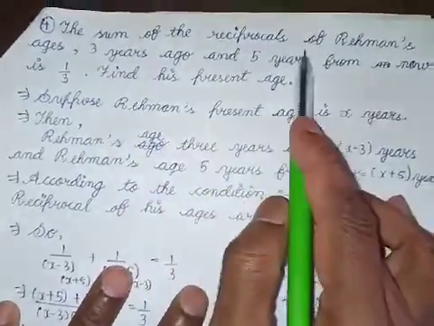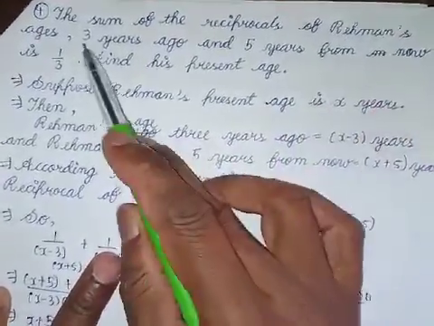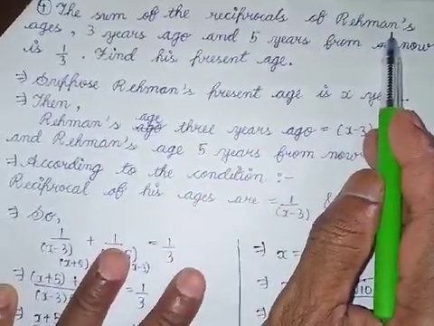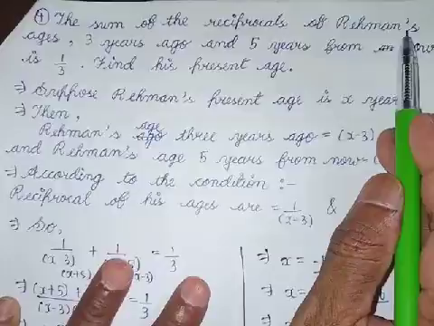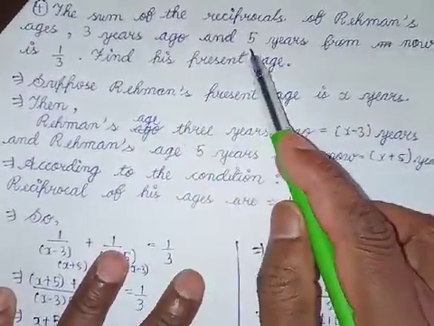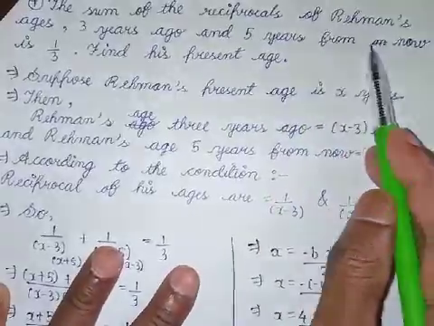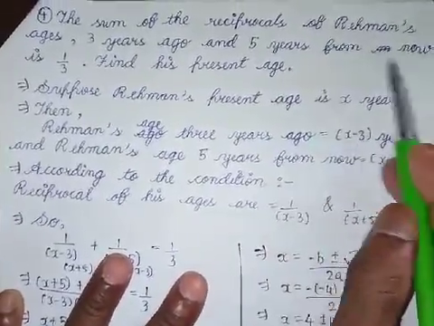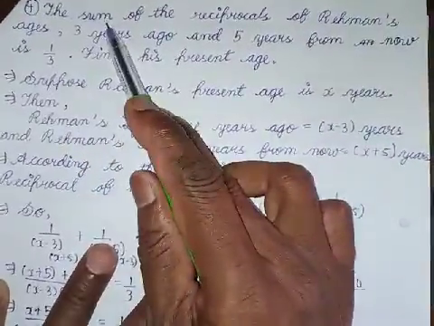The sum of the reciprocal of Raymond's age 3 years ago and 5 years from now is 1 by 3. Suppose the present age of Raymond is x years. 3 years ago means x minus 3, and 5 years from now means after 5 years, so x plus 5. What is the sum?